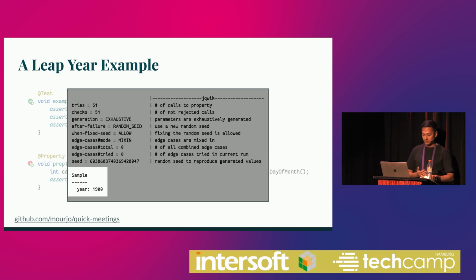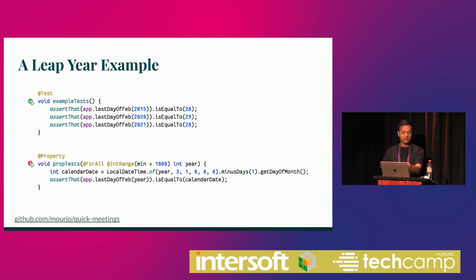The failure says that for the year 1900, the logic that I have for checking leap year doesn't work. And it doesn't work because 1900, although divisible by 4, is not a leap year, because a year that is divisible by 100 also has to be divisible by 400, which it is not. And this is a bug that I did not think of, my example-based test did not think of, but the property-based test found, right?